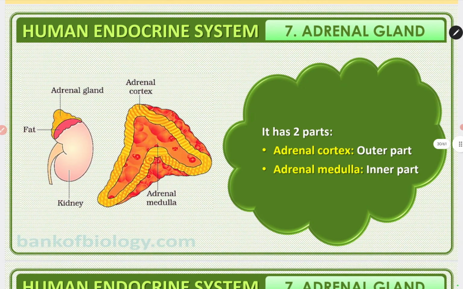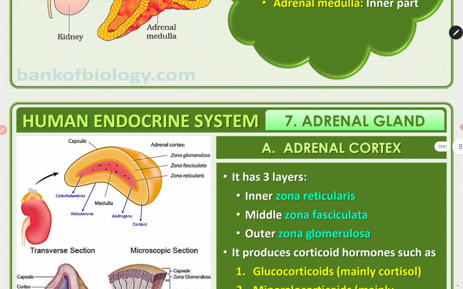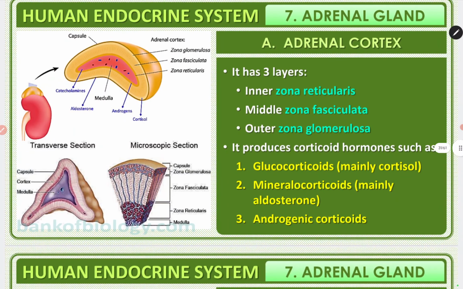Next, coming to the adrenal gland. It has two parts. The adrenal cortex, that is the outer part, see the diagram, and the adrenal medulla, that is the inner part. The adrenal cortex has three layers: inner zona reticularis, middle zona fasciculata, and outer zona glomerulosa.